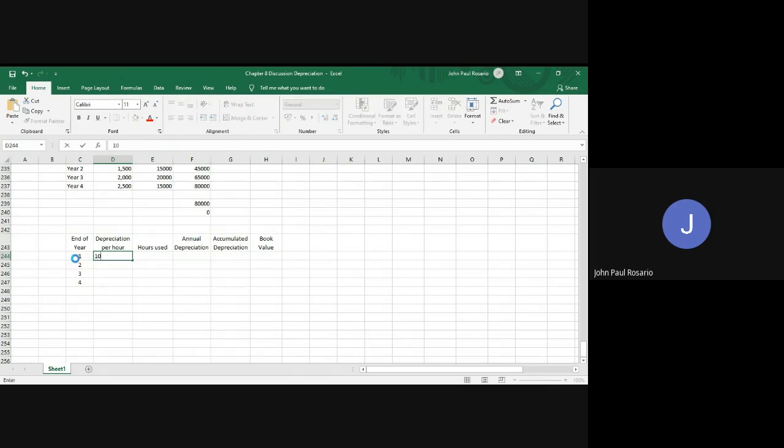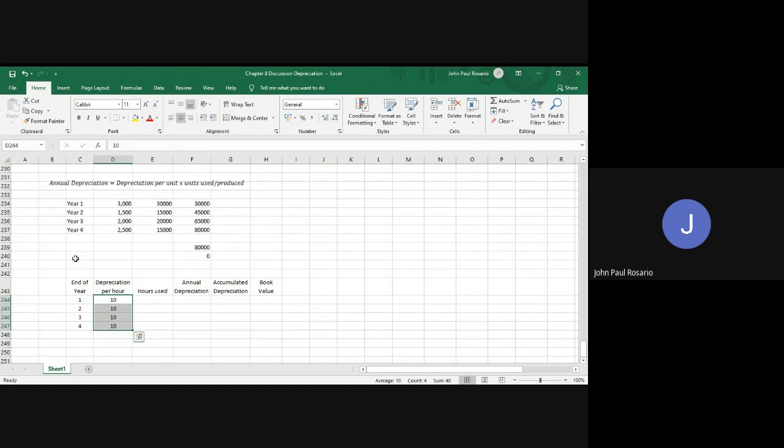Depreciation per hour is 10 pesos. Our annual depreciation is depreciation per hour times hours used.